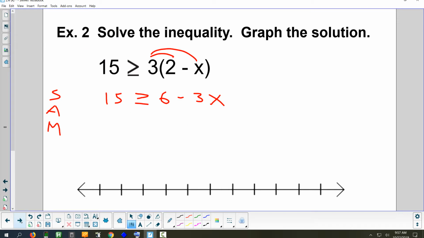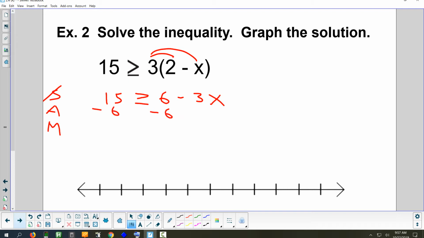What would be my next step? You would subtract 6, you said? Yep. So we did the simplify. We didn't have any like terms, but we did have distributive, so we dealt with that, and now he just said subtract 6. Why subtract?